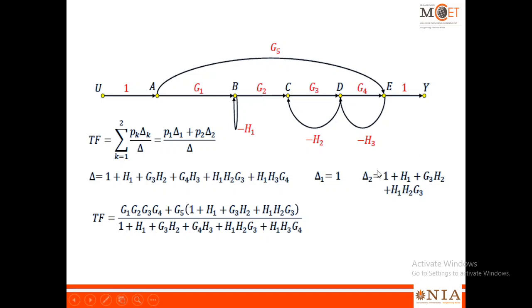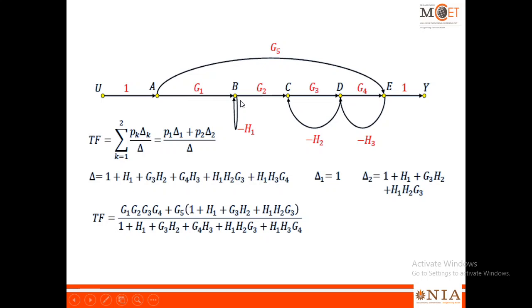And del 2 will be del applied to that part of the graph which does not touch the second forward path. Let us first find out which part of the graph does not touch the second forward path. So this one touches the second forward path. This one also touches.